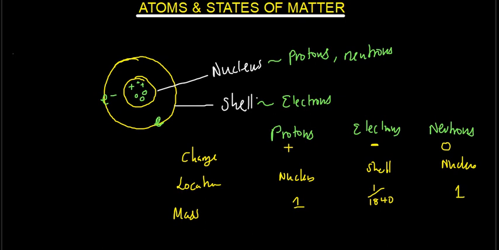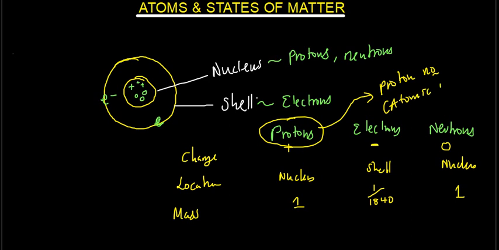Again, the number of protons in an atom is known as the proton number. The other term for proton number is atomic number. So if they ask you what is the atomic number of this atom, they just mean how many protons that atom has.